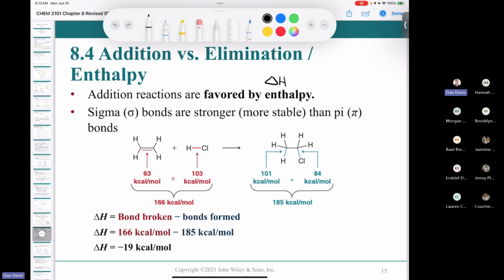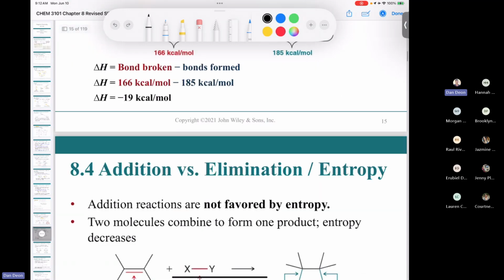That means the delta H sign for an addition reaction is going to be negative. They're exothermic reactions. Remember, when delta G is negative, it's spontaneous. So addition reactions are actually favored in terms of enthalpy. That's good.